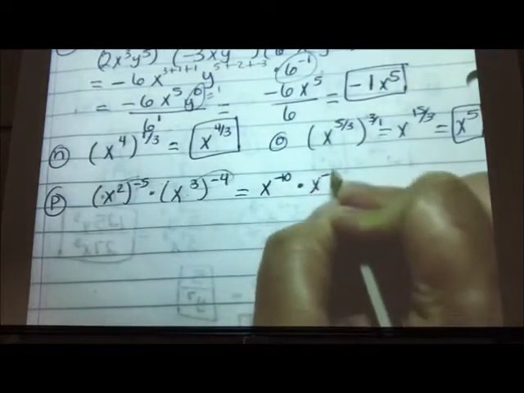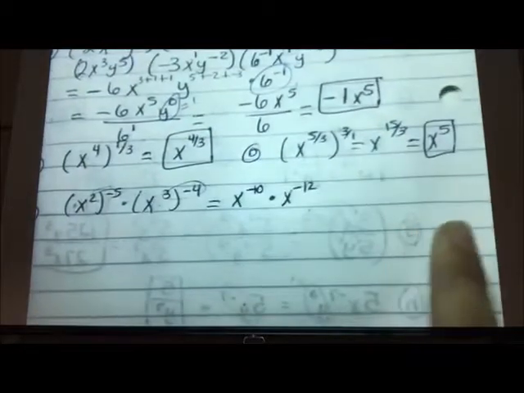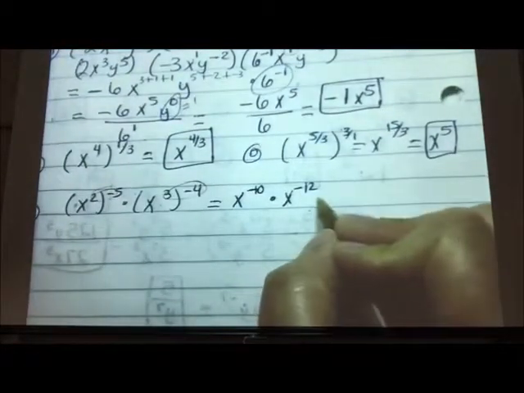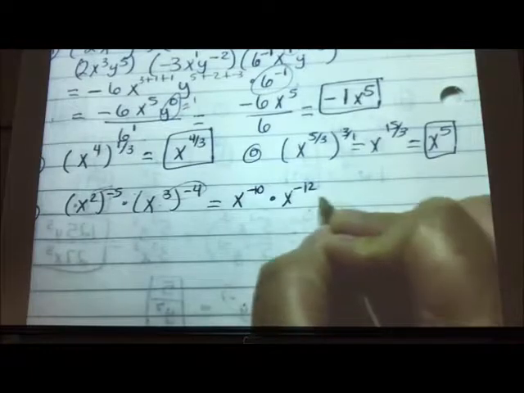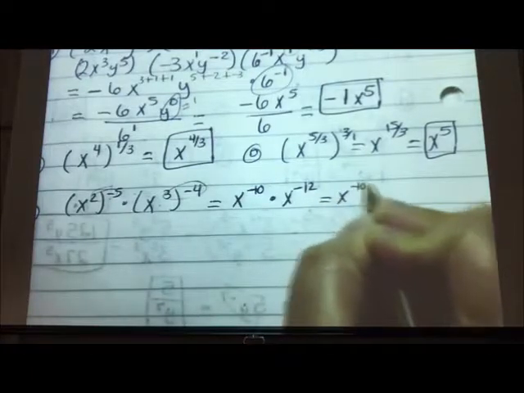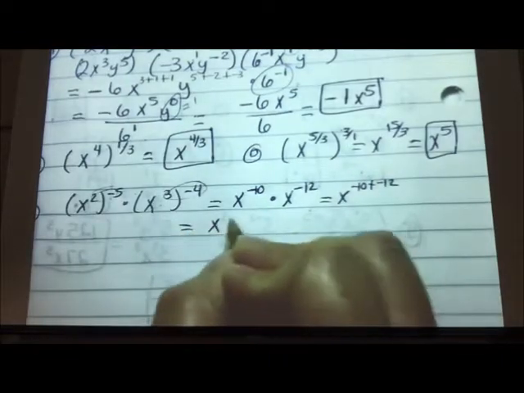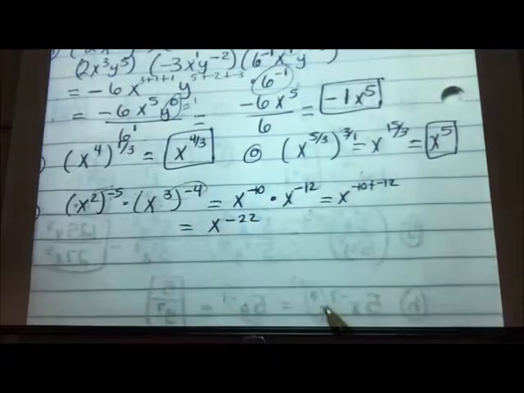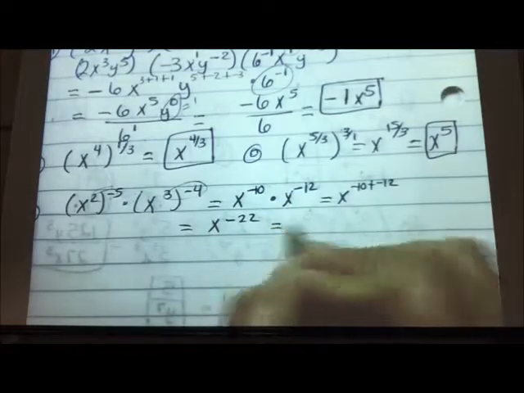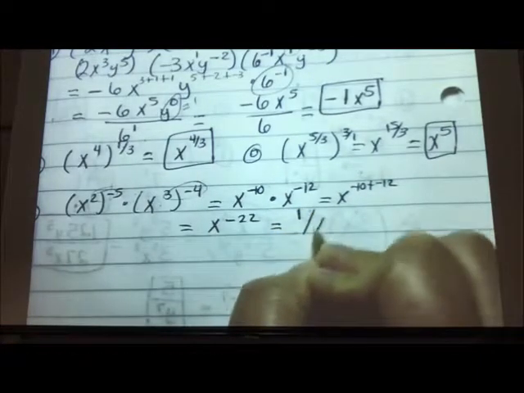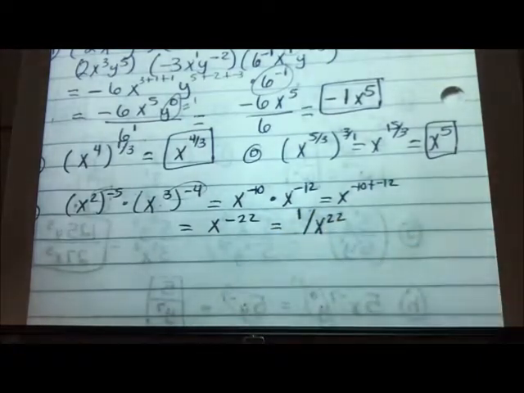This becomes x to the negative 10 times x to the negative 12. Because it is a multiplication between them, we do have to add. So this becomes negative 10 plus a negative 12, which becomes x to the negative 22nd when we add those. Because there is a negative exponent, it becomes 1 over x to the 22nd.